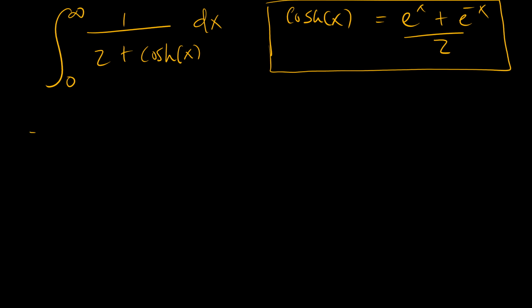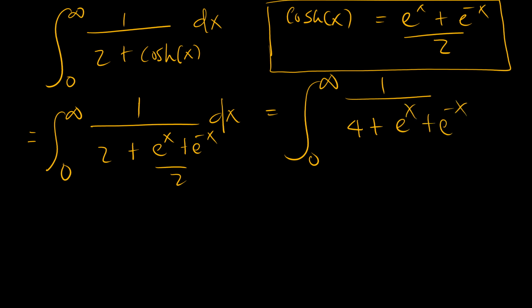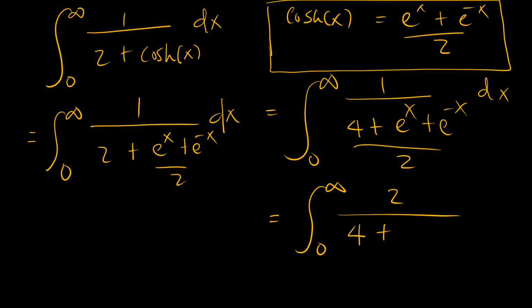Now, which means our problem is 0 to infinity of 1 over 2 plus (e to the power x plus e to the power negative x) over 2, which is the same as 0 to infinity of 1 over (4 plus e to the power x plus e to the power negative x) over 2. And that 2 goes up, and so we have 0 to infinity of 2 over 4 plus e to the power x plus e to the power negative x.